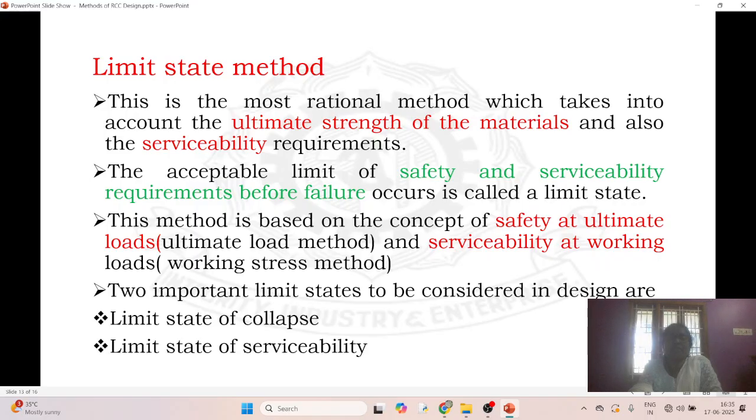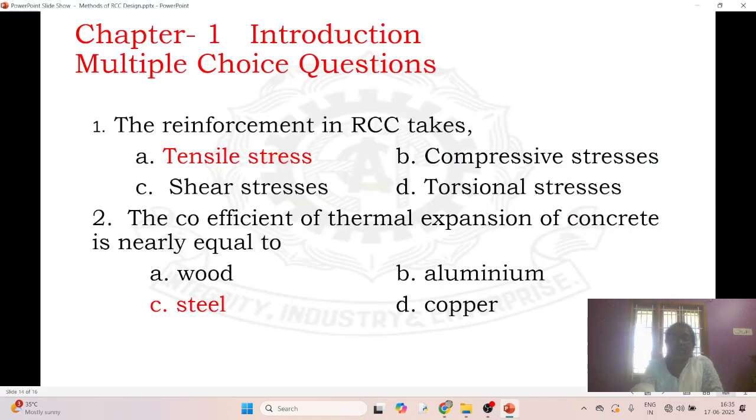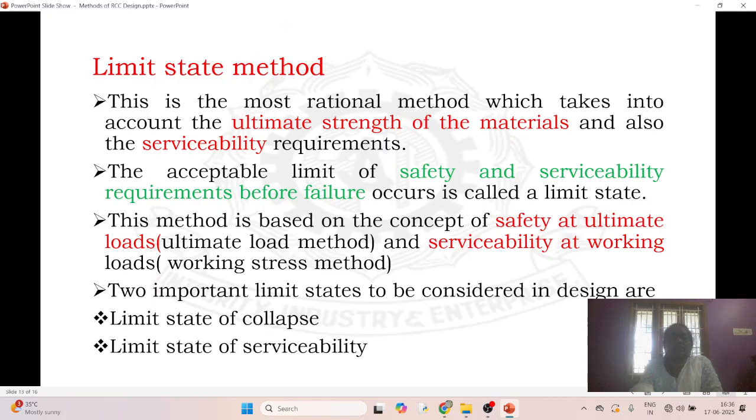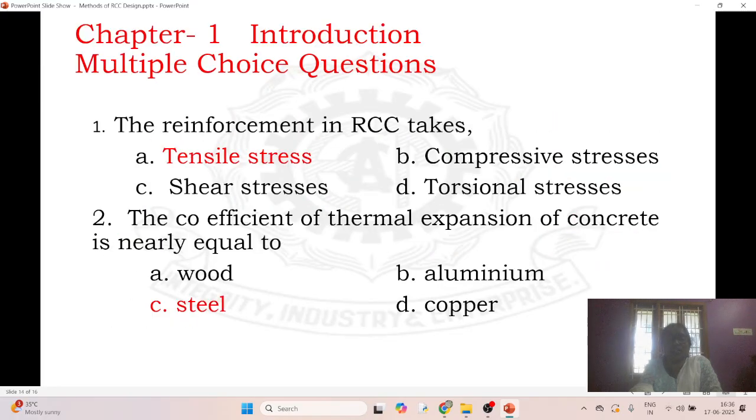The acceptable limit of safety and serviceability requirement before failure occurs is called the limit state. This method is based on the concept of safety at ultimate loads and serviceability at working loads. Two important limit states to be considered in the design are limit state of collapse and limit state of serviceability.